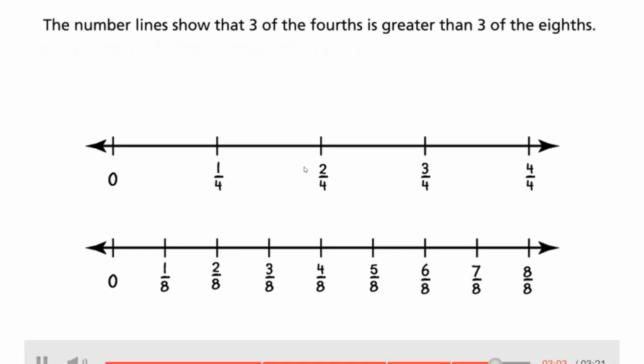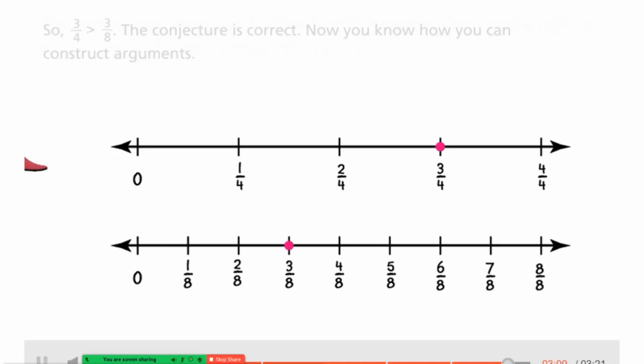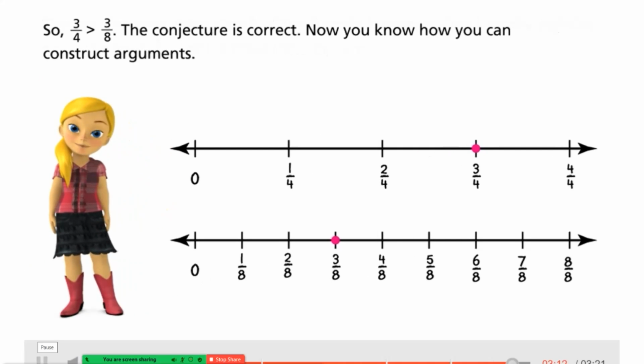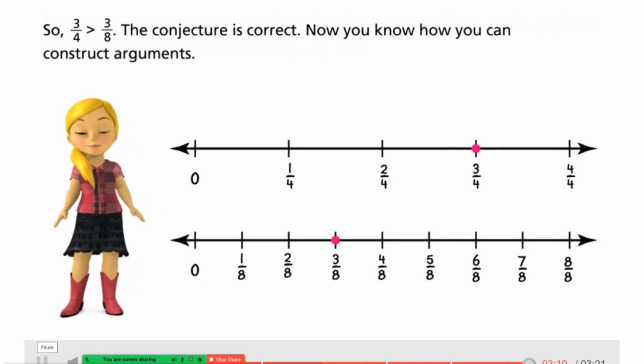The number lines show that 3 of the fourths is greater than 3 of the eighths. So 3/4 is greater than 3/8. The conjecture is correct. Now you know how you can construct arguments.